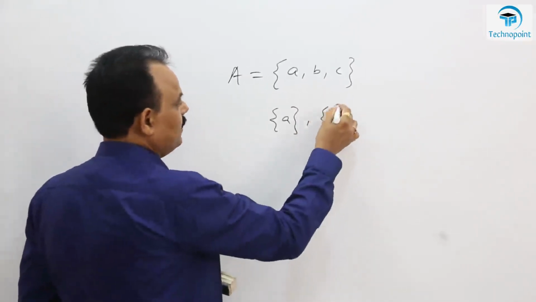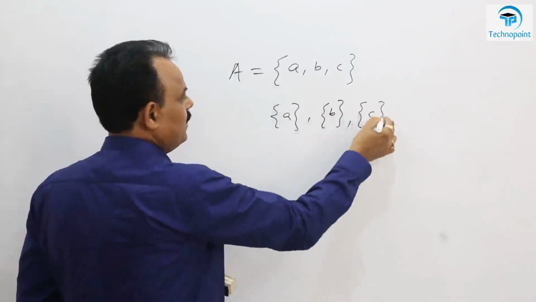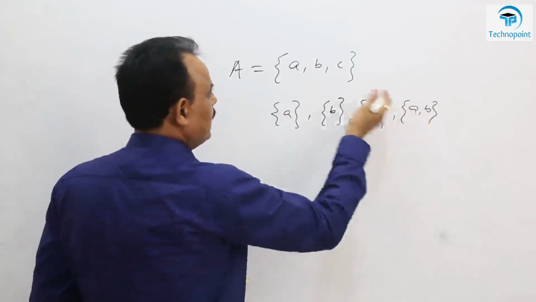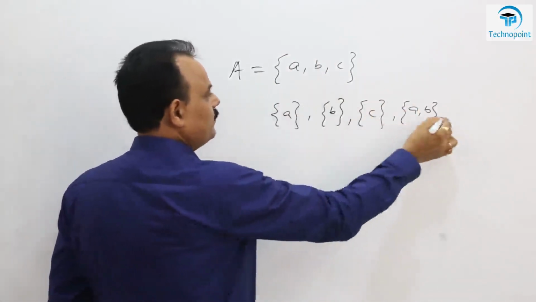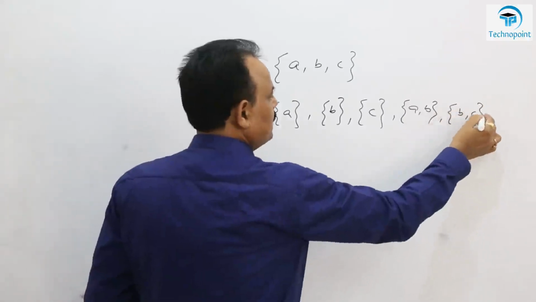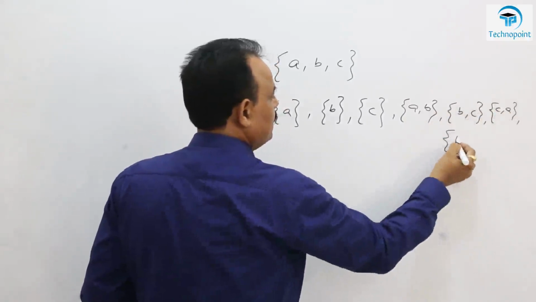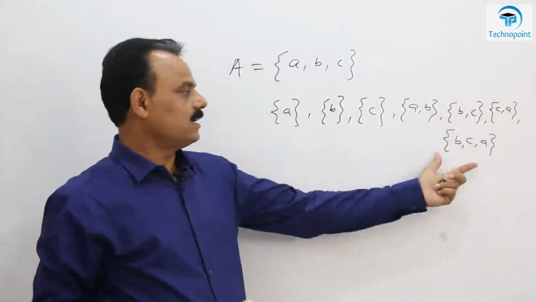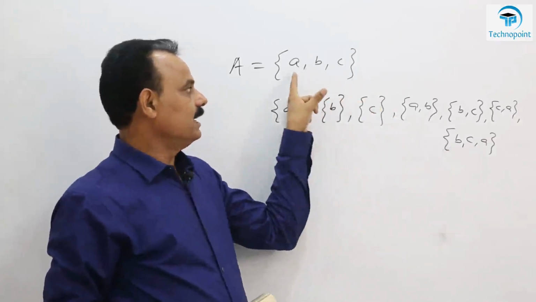Then this set is again a subset, this is again a subset, and this set is again a subset, because all the elements of this lie in this set A. This is again a subset, this is again a subset, and this is again a subset. This set is also a subset, because every element of this is an element of A.